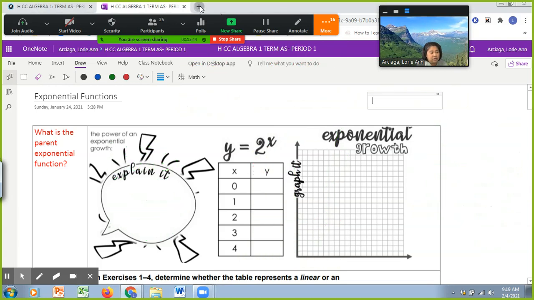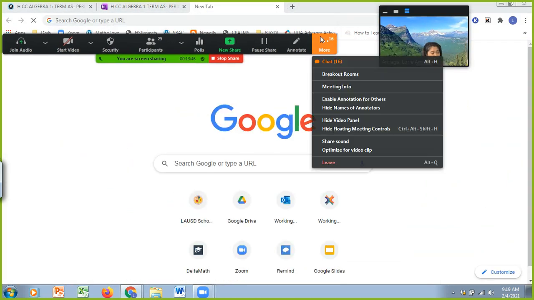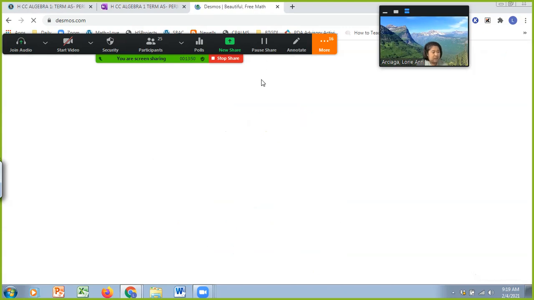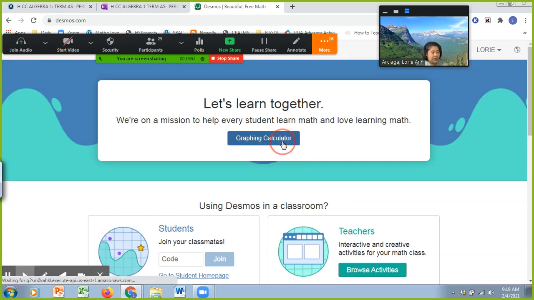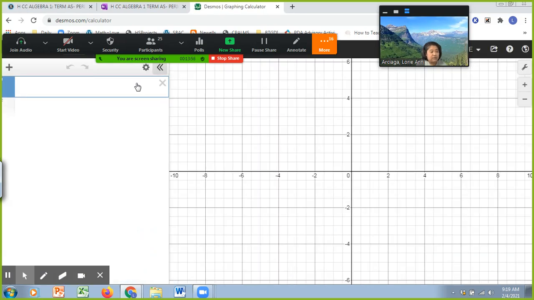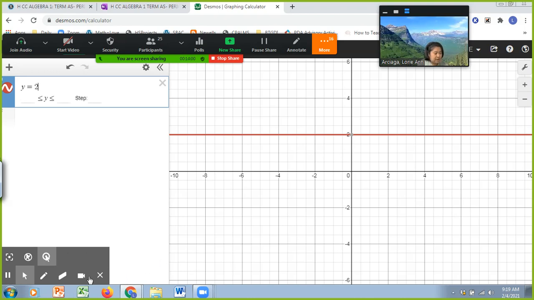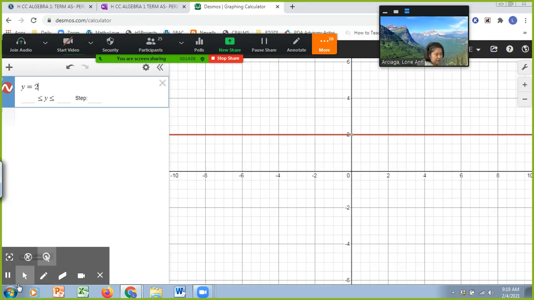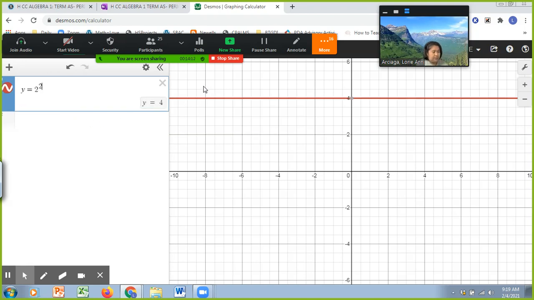And if I could show you a better version of the graph by going to decimals, give me one quick second. If I want you to see what happens on the negative side, you don't have to do this, I just wanted to show you. So y is equal to 2 to the x. Right, there you go.